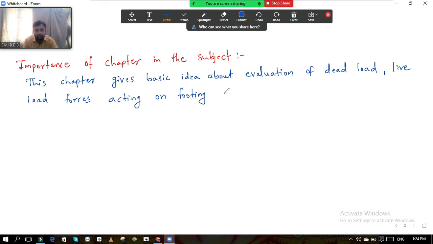and design procedure with placing of steel reinforcement.